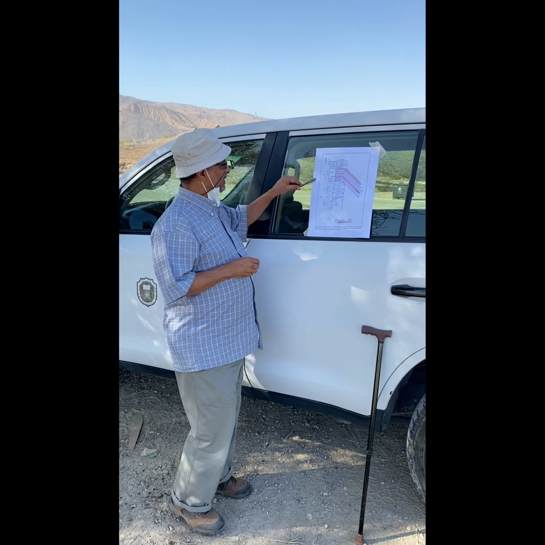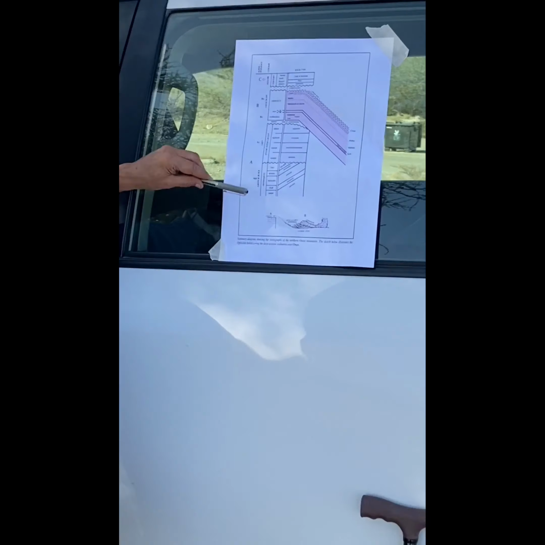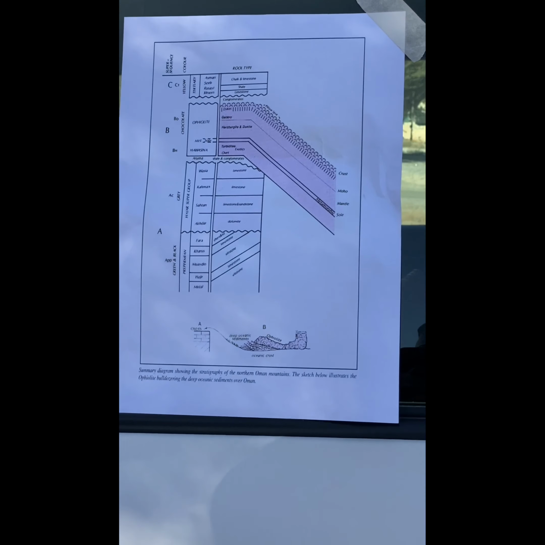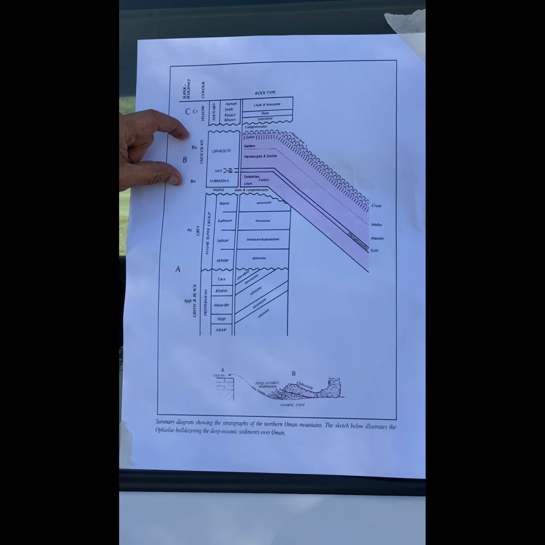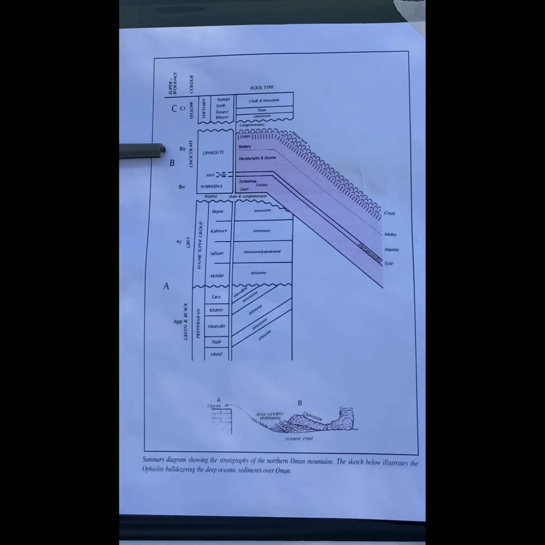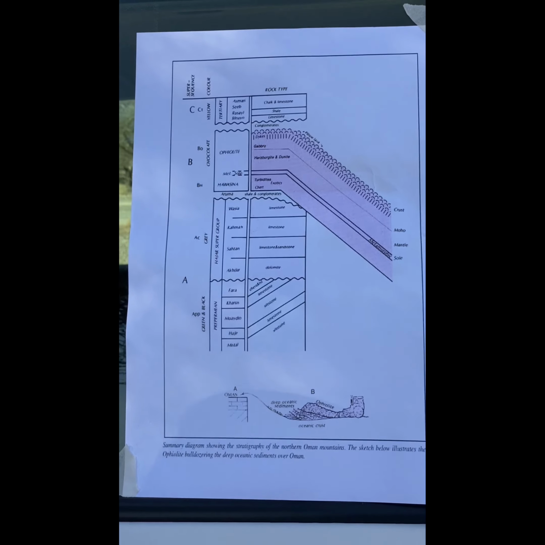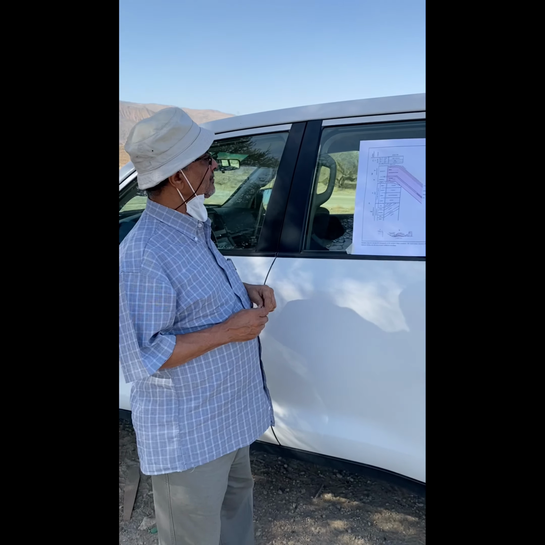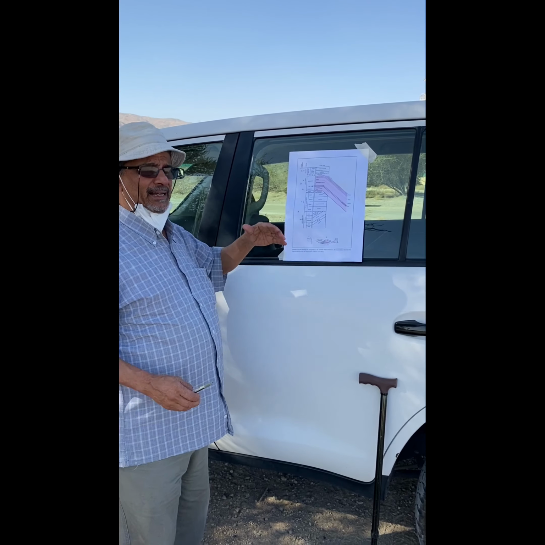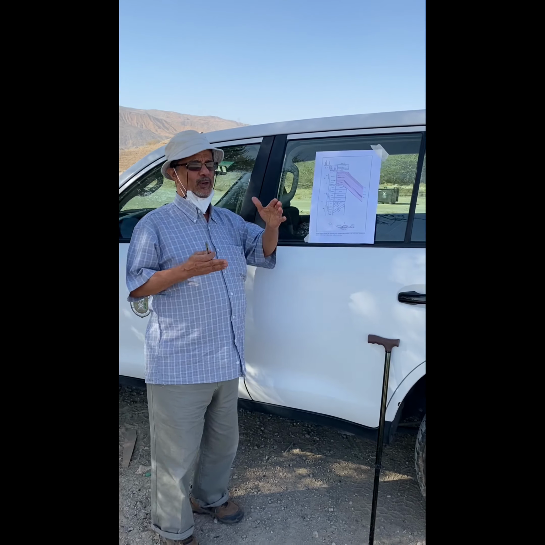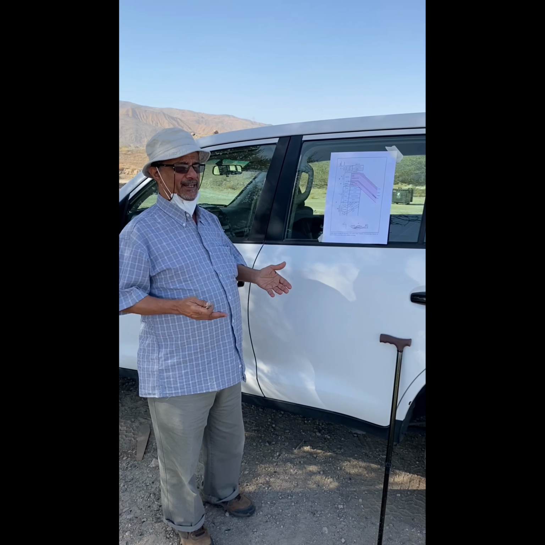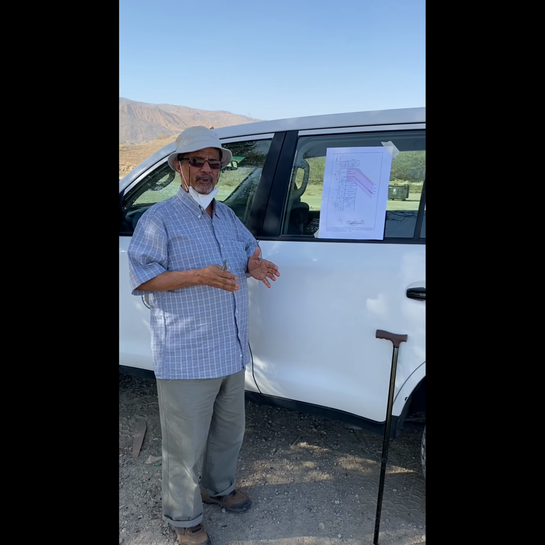Then after the deposition of the Hajar supergroup, the geology of Oman changed dramatically, and the B supergroup formed. The B supergroup is an ophiolite sequence, so it is igneous. The ophiolite, as I told you in the class, is a sequence of rocks starting with the ultramafic rocks, harzburgites and dunites. We call them collectively peridotites.